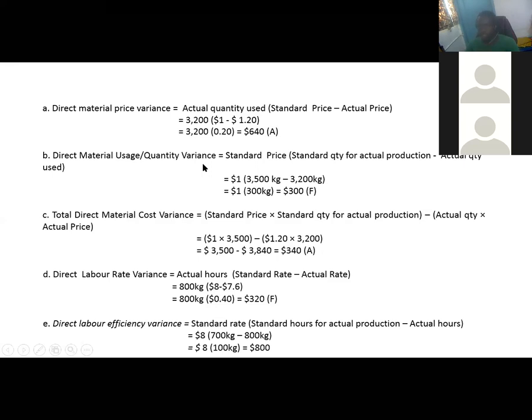So what you need to do is to find the summation of these two. Put this on paper. To find C, just write direct material price variance plus direct material usage variance.